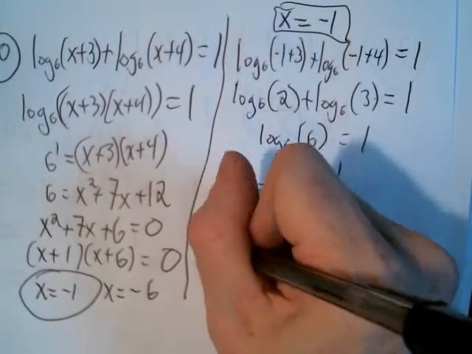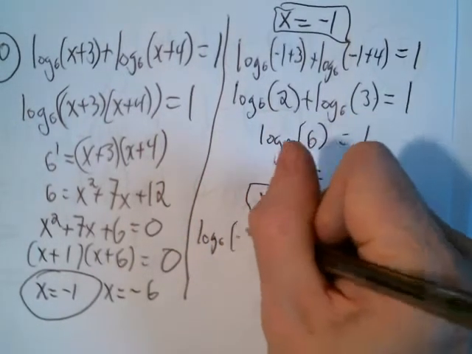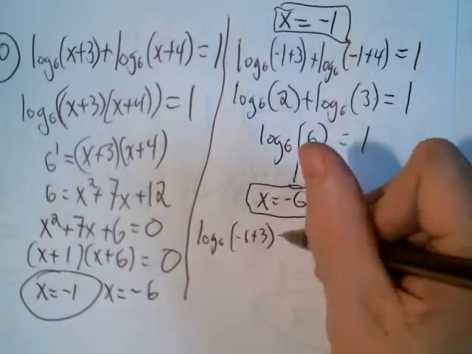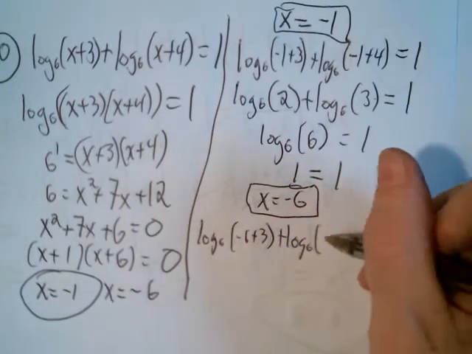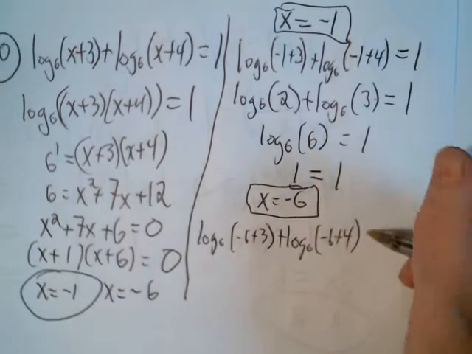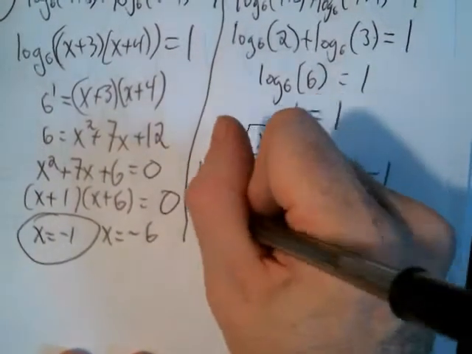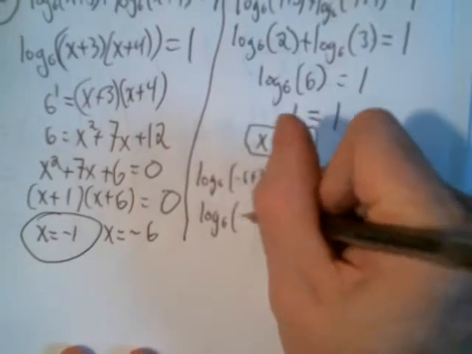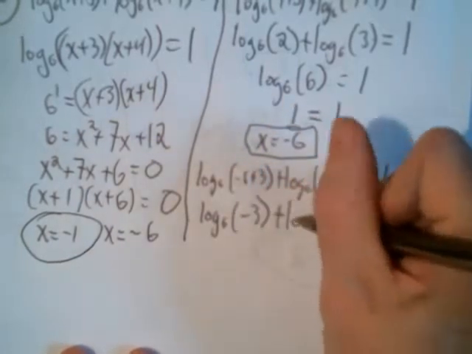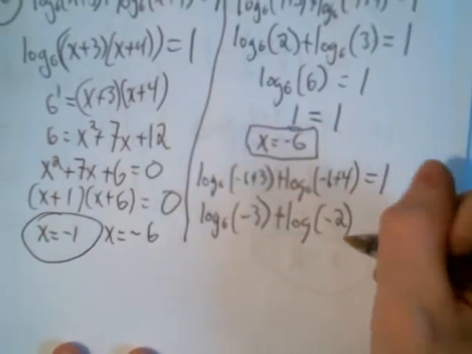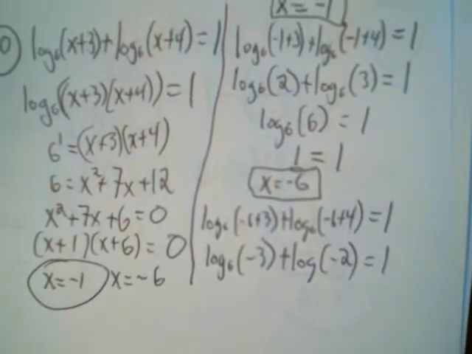So plug this in, you get log base 6 of (-6 plus 3) plus log base 6 of (-6 plus 4) is 1. So now I have log base 6 of -3 plus log base 6 of -2 is 1. This is a huge problem now.